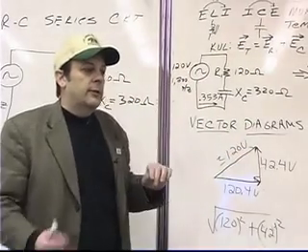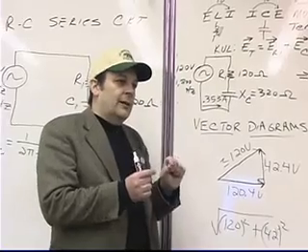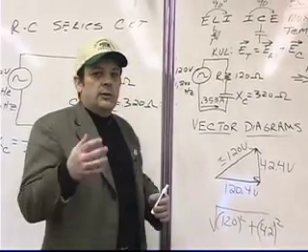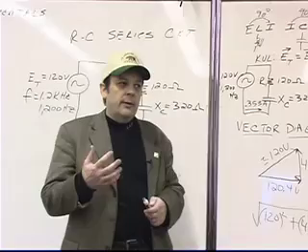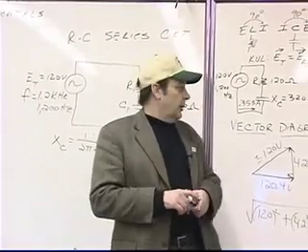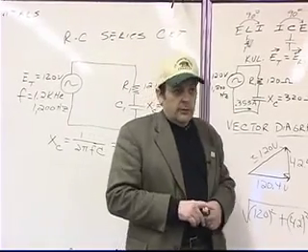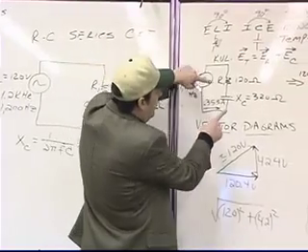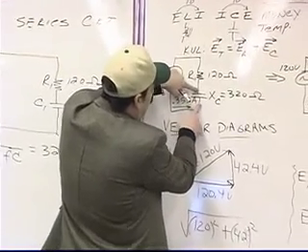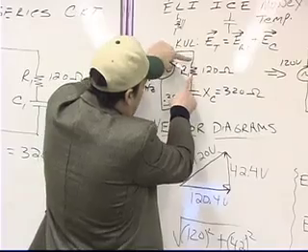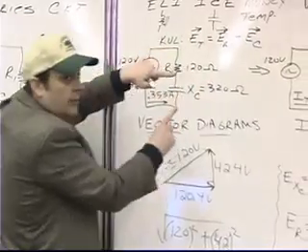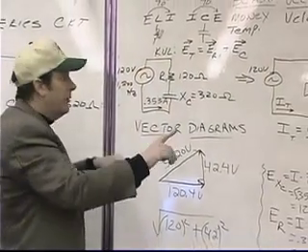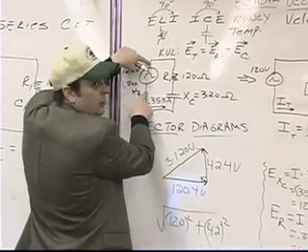So what you find is that when you're measuring voltages in an AC system, you can't use Kirchhoff's voltage law the way that you've been accustomed to using it in DC analysis. In other words, if you come with a voltmeter and you measure the voltage here and you write it down, and then you measure the voltage here and you write it down, you can't just add them together to get the voltage that you'd measure here.